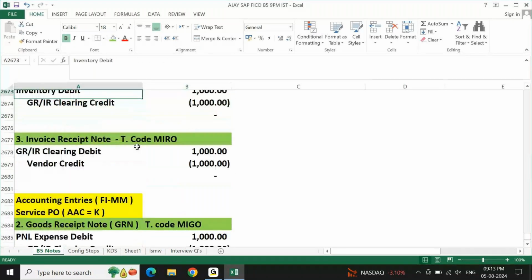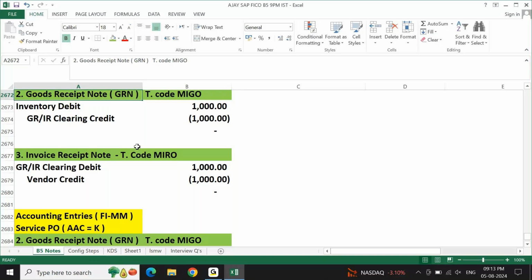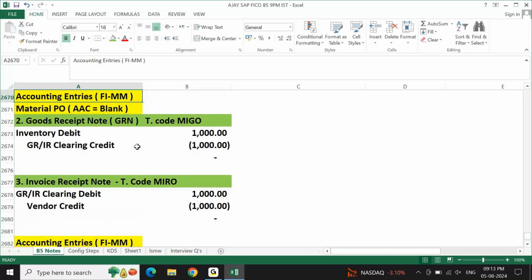And on top, if your purchase order is created for material, if you are purchasing any inventory, any stock, what is your accounting entry at the time of MIGO? How do you identify that the purchase order is for material? For all the material related purchase orders, account assignment category will be blank. Somebody might ask you, how do you know that this is a material purchase order?